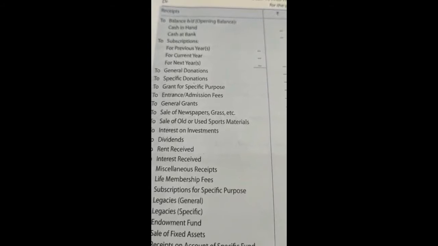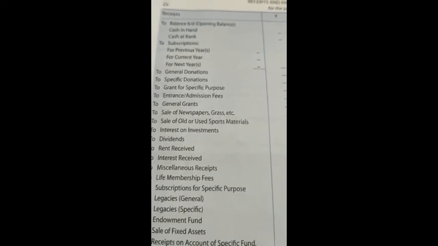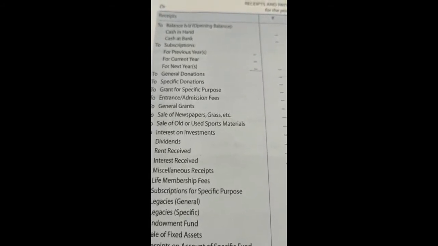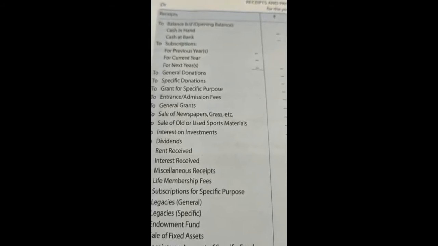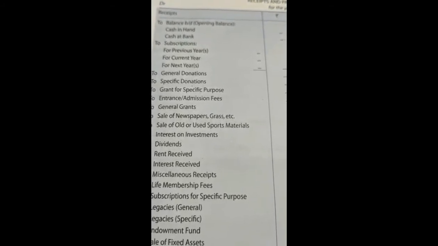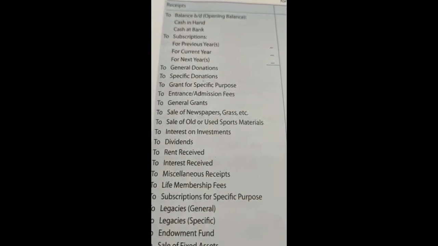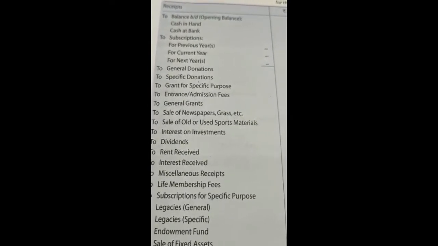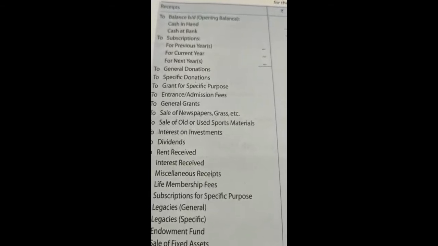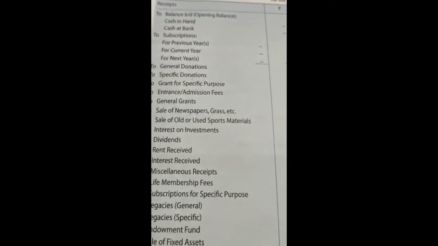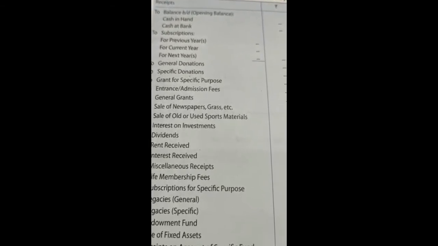Then next you have grant for specific purpose. Again here, when you receive a grant from government or from any other body, a grant is also like a donation only, so it is a receipt. So here also grant for specific purpose, and we will have general grant also.